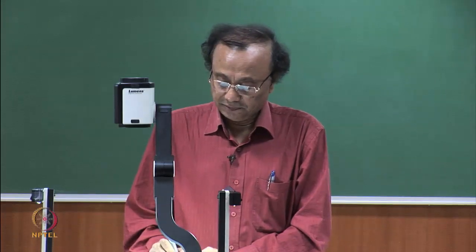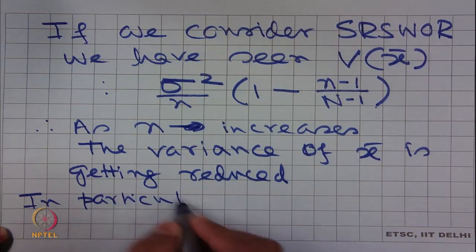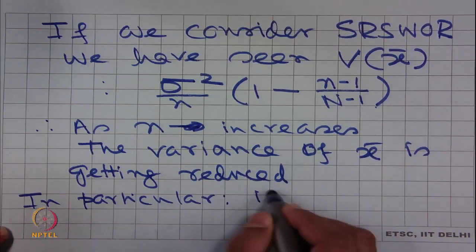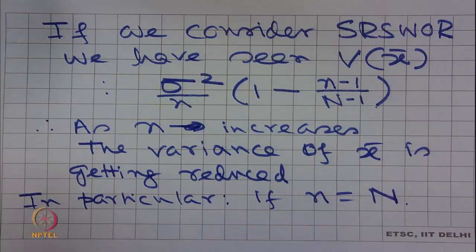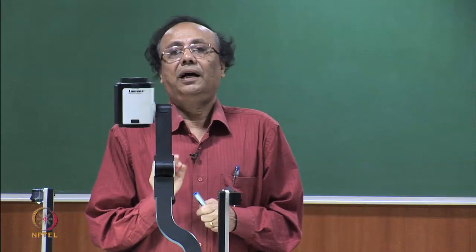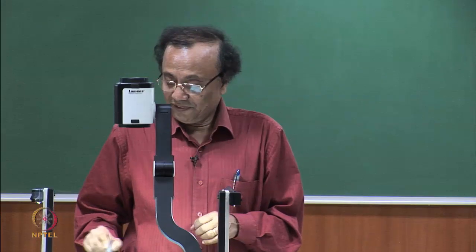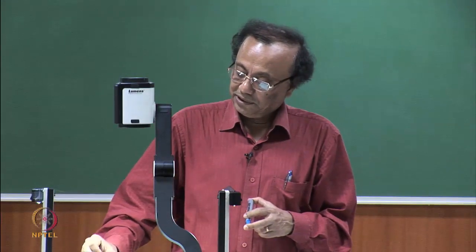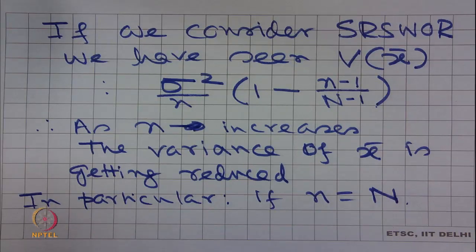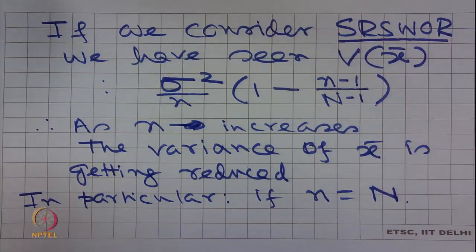In particular, if n is equal to capital N, that means my population size is capital N, and I am taking capital N many samples, and since it is SRS WOR, what does it mean?